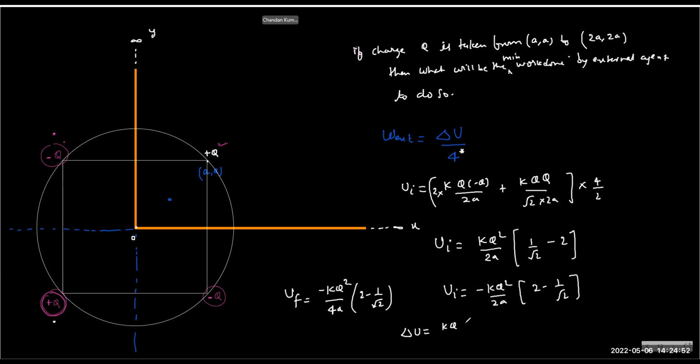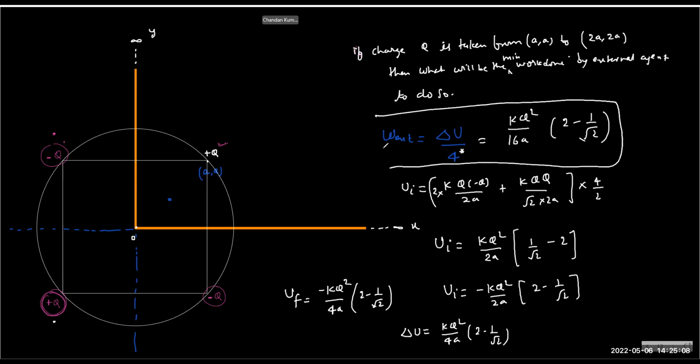So it will become plus, no? KQ square by 4A. And therefore, the work done will be 1/4 of that value. So it's KQ square by 16A, 2 minus 1 by root 2. I hope this is clear.